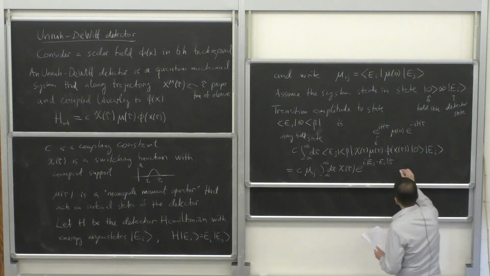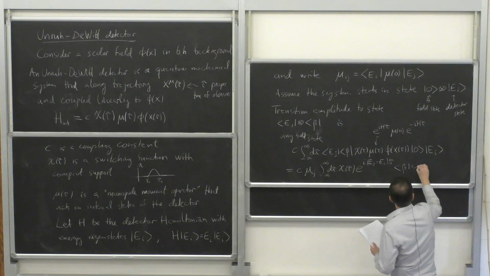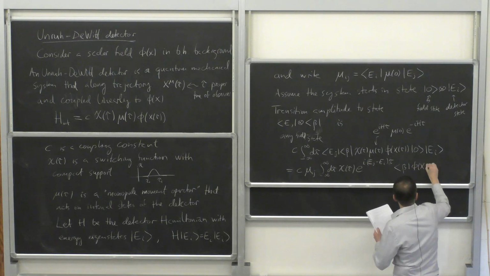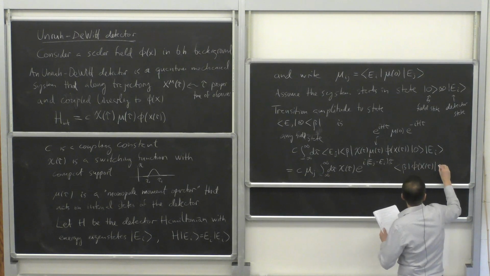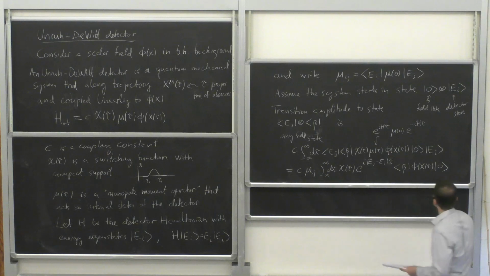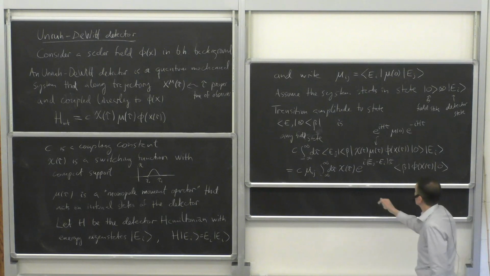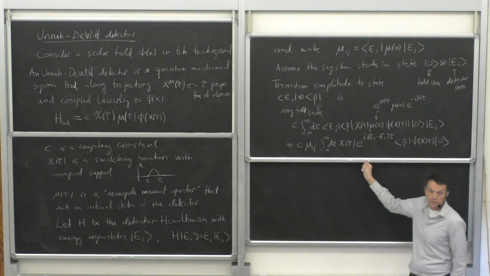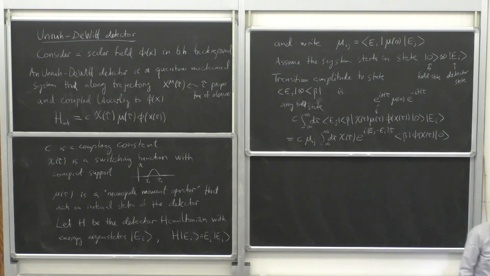And I will have beta, phi of x of tau, right? Yes? Let's say it's the vacuum of the theory, yes. It can be, if you prefer, yeah, sure. It's just some state. Okay.